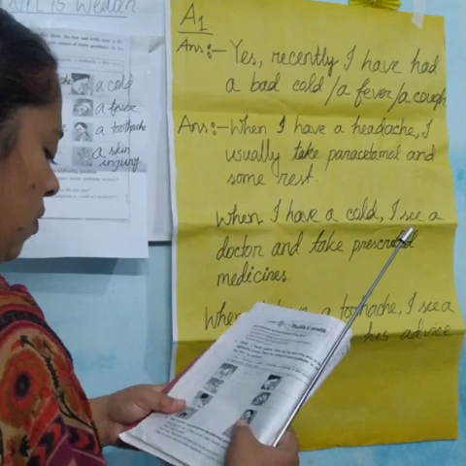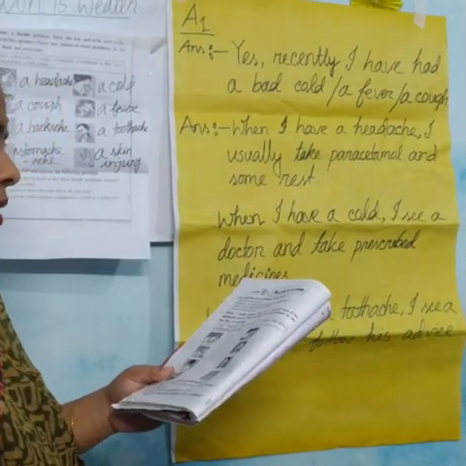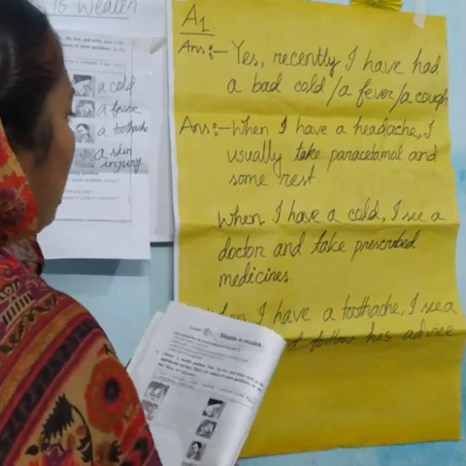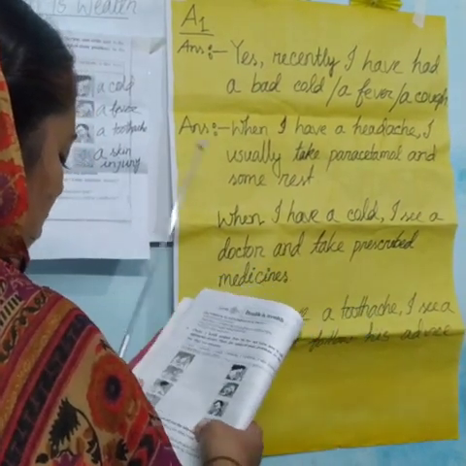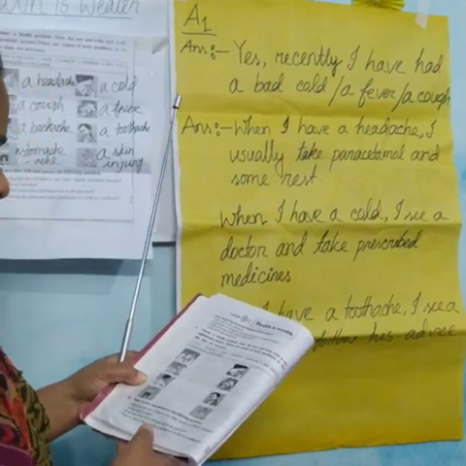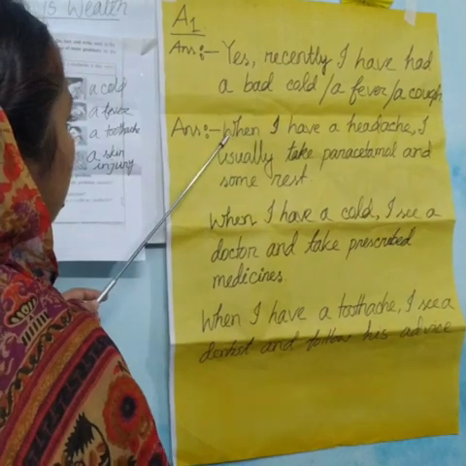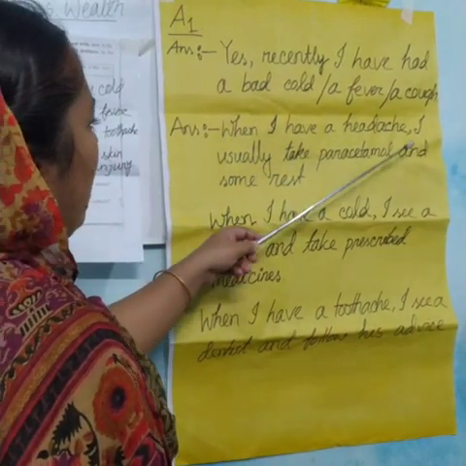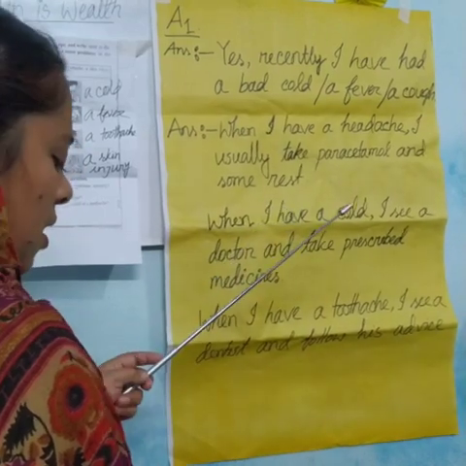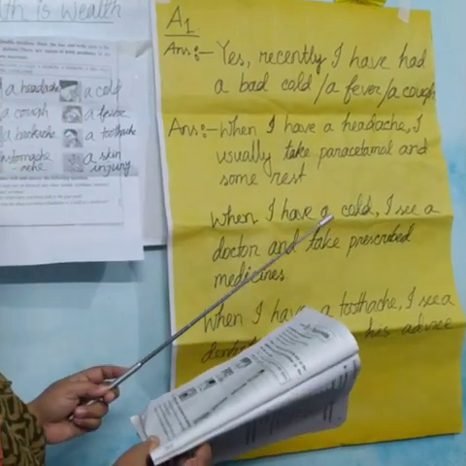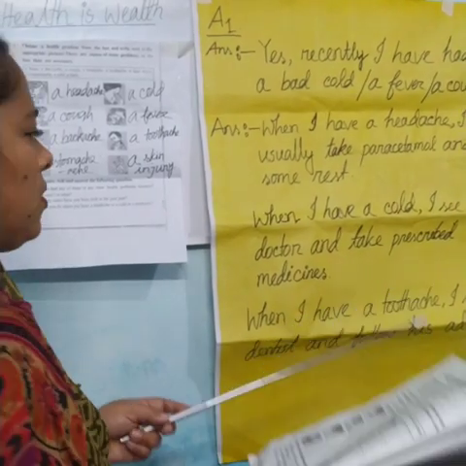Next question is, what do you do when you have a headache or a cold or a toothache? What do you do when you have a headache? Answer is, when I have a headache, I usually take paracetamol and some rest. Next, what do you do when you have a cold?